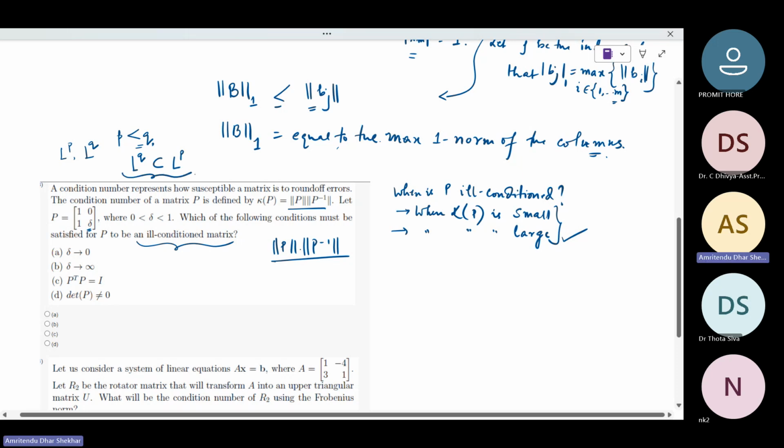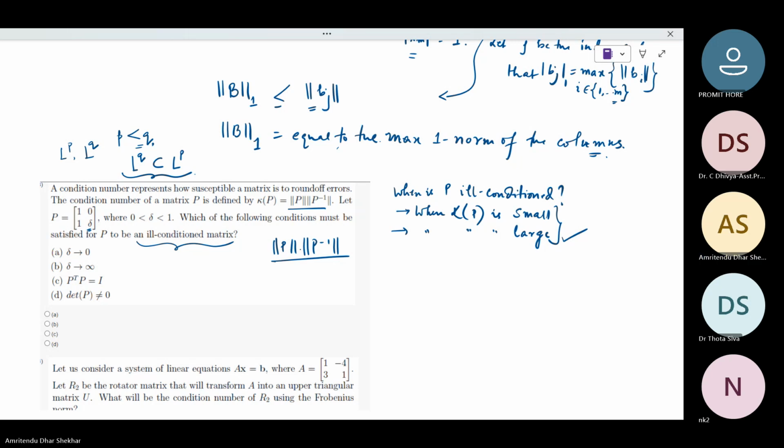Okay. Essentially, it means that if you have a set of... well, what is LP, by the way? LP is basically defined on a class of functions.